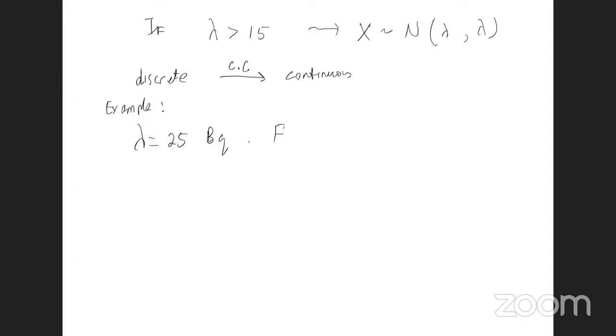I would like you to find the probability that in a 1 second interval, the count is between 23 and 27 inclusive.